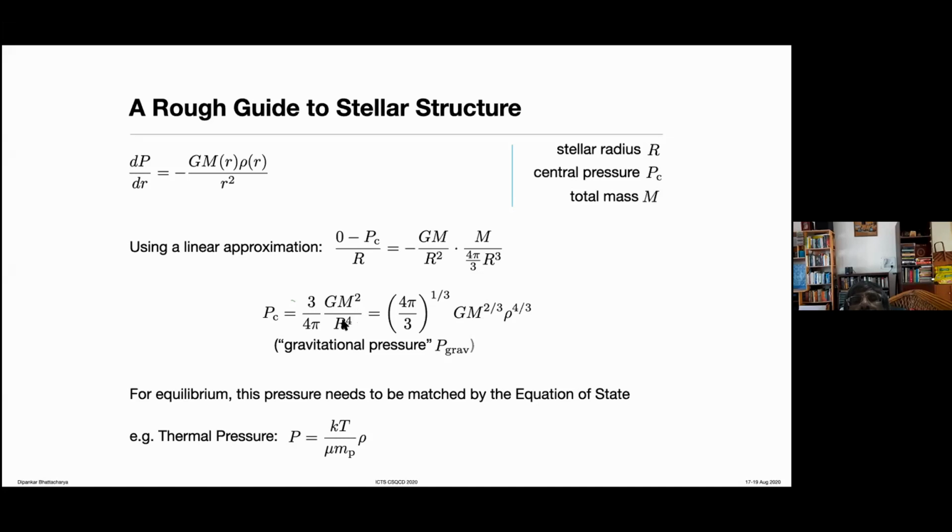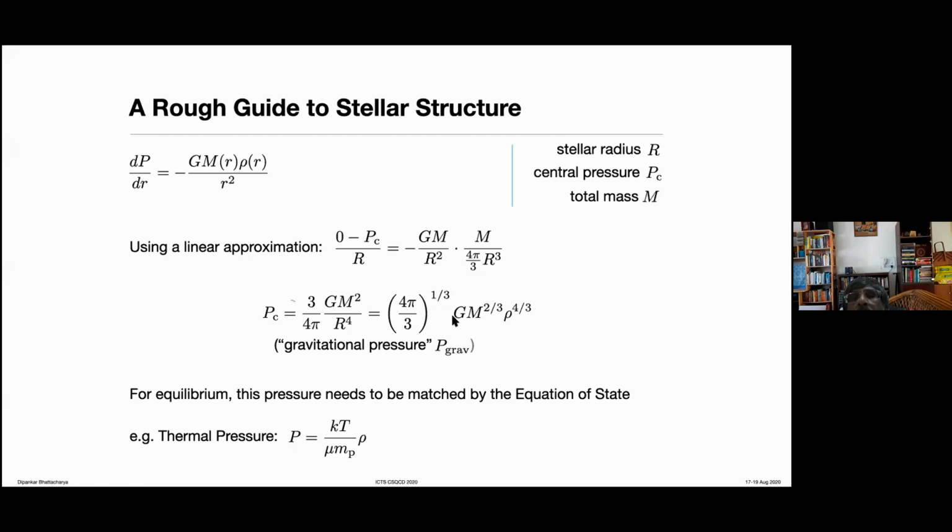Let us rewrite this in terms of the average density. So then I will have R replaced by density, and so the rho being M by 4 pi by 3 R cubed.